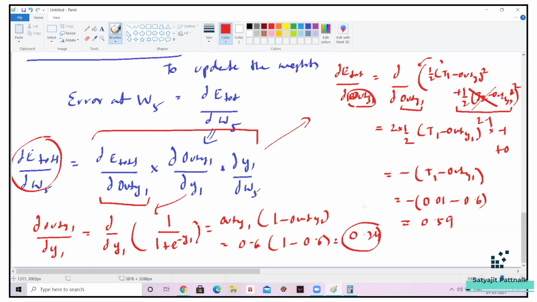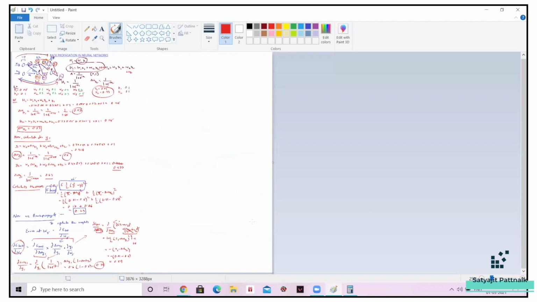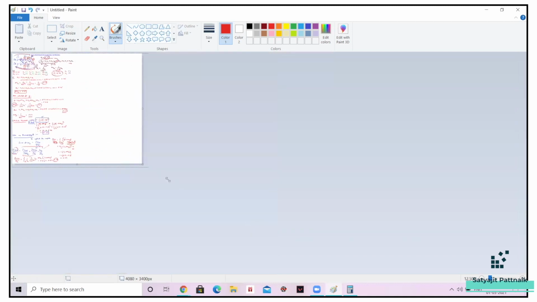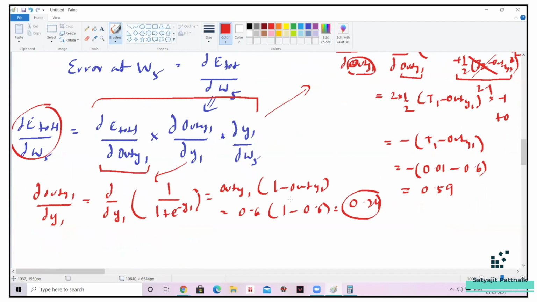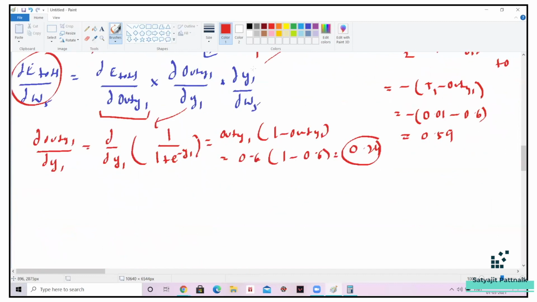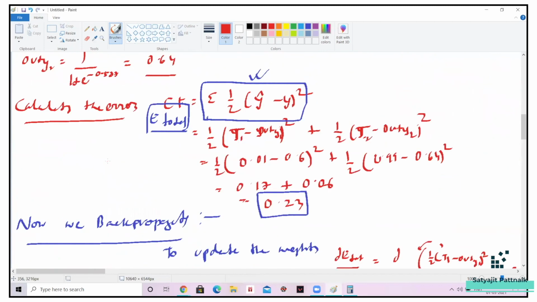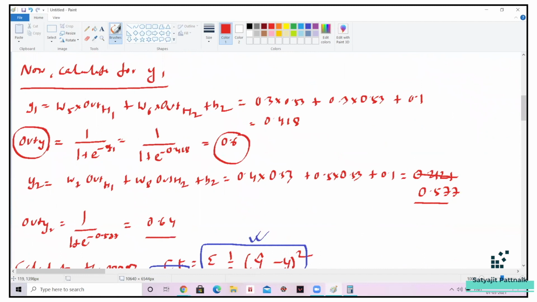Okay, let me just expand it further. So our next step is going to be the third part, derivative of y1 with respect to w5. What is y1? Let's go back to the formula again. Y1 is this whole part. So with respect to w5, I'm not writing all these things because these are constant, right?